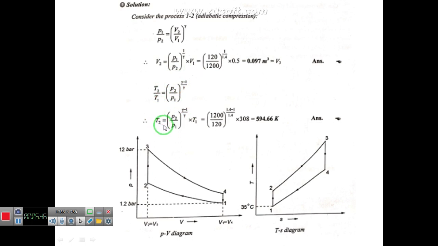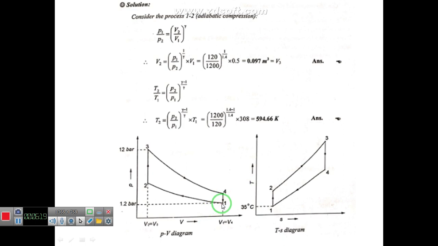The formula is T2 equal to P2 divided by P1 power of gamma minus 1 divided by gamma, into T1. We know the pressure, temperature and gamma values, so we calculate T2 as 594.66 Kelvin.